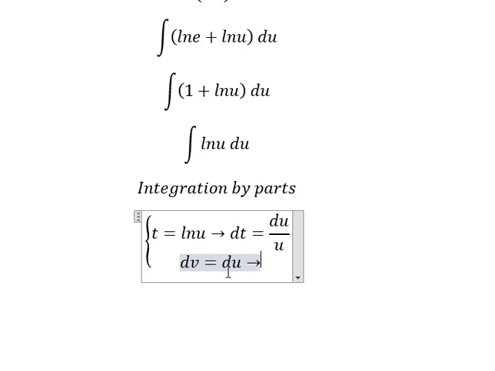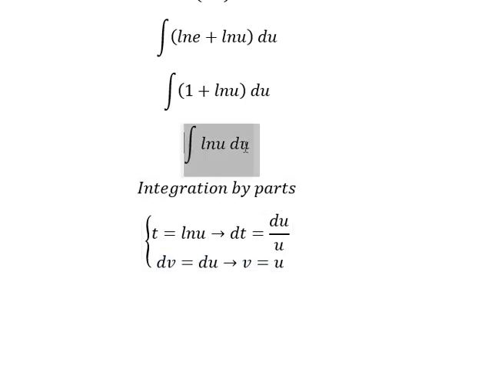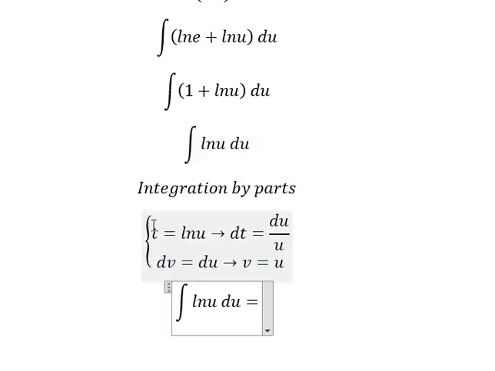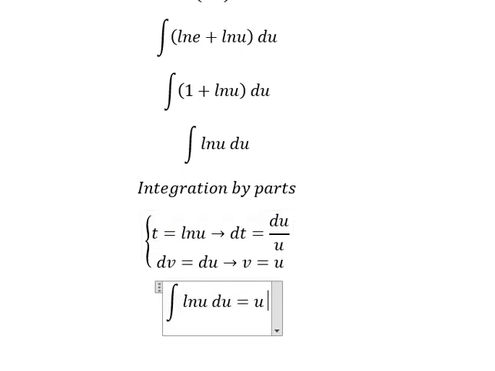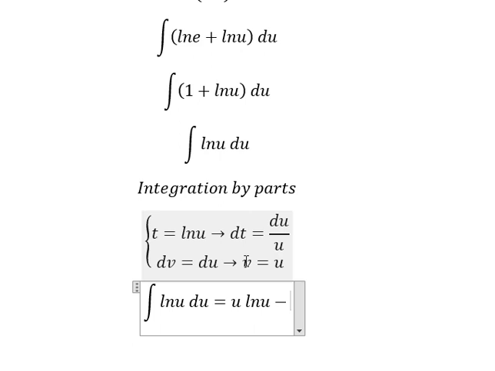So the integration of this one we have v equals u. So we have t multiplied by v minus the integral of v multiplied by dt.